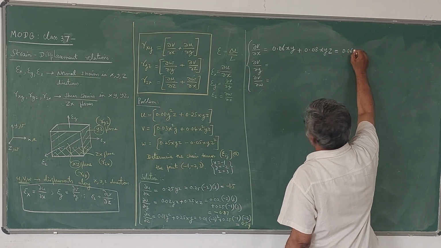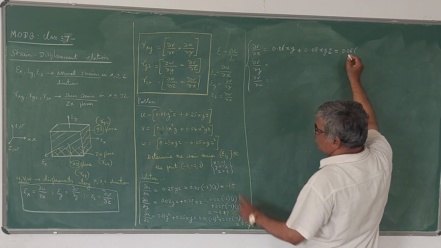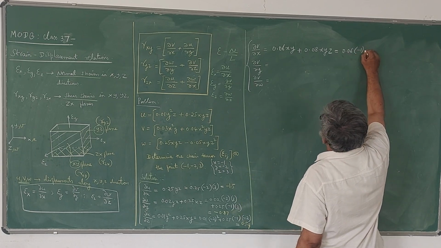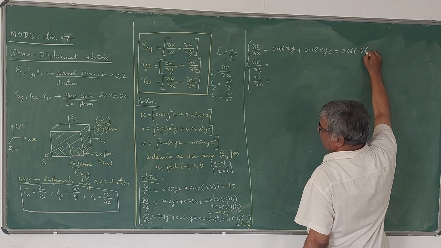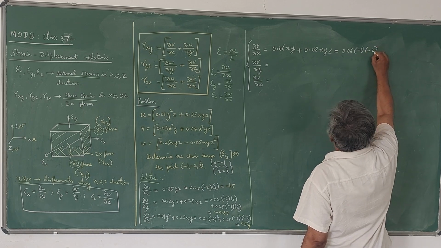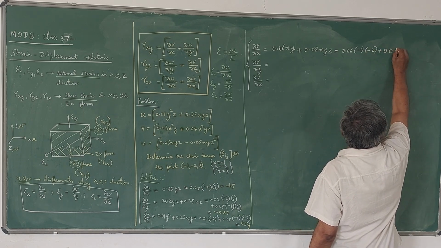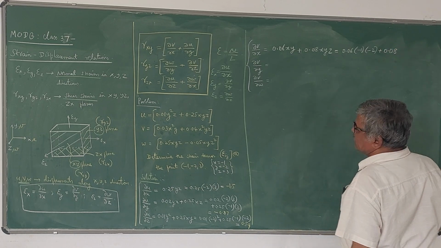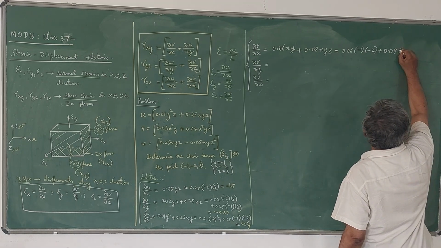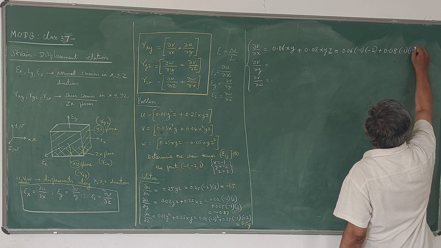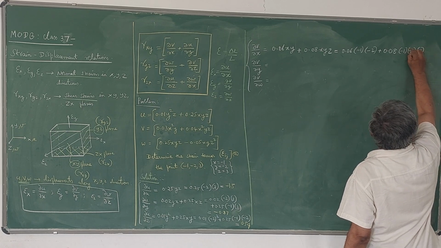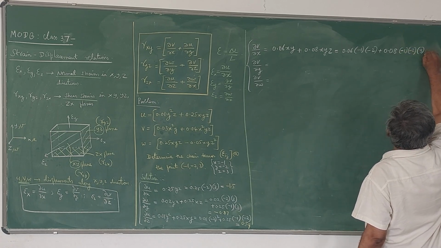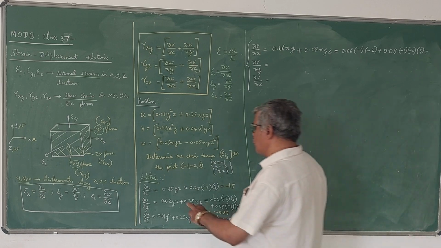Now let us substitute the values of x, y, z here. 0.06 into x is -1 into y is -2. Then plus 0.08 into xyz, that is -1 into -2 into 3. So we have to simplify this. Next, ∂v/∂y.